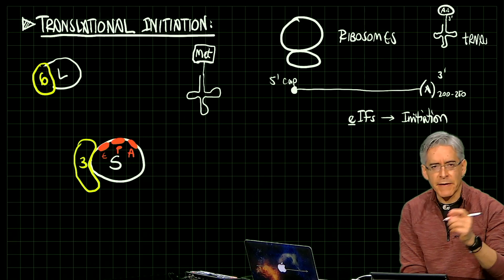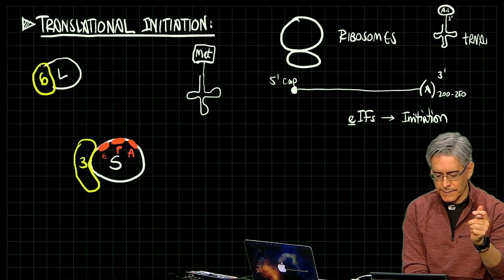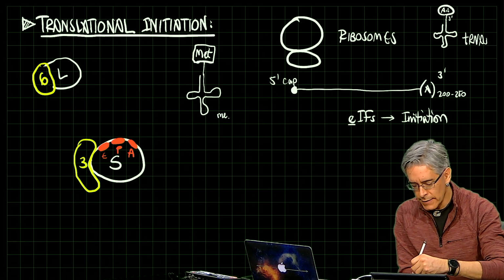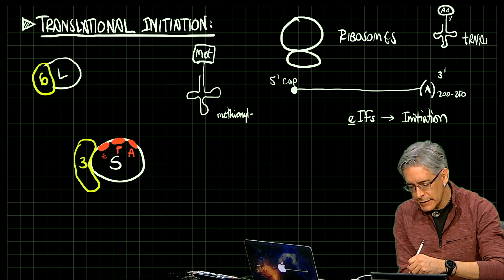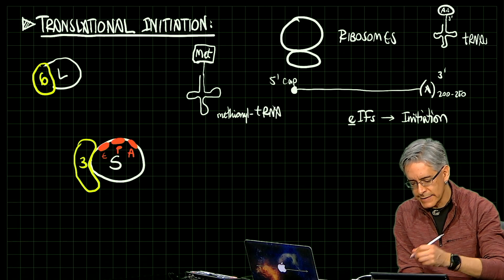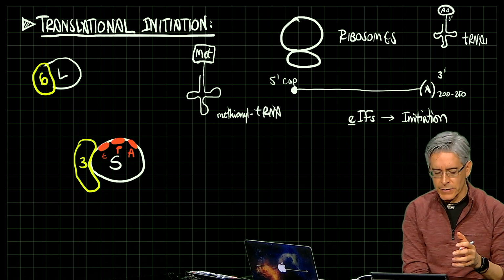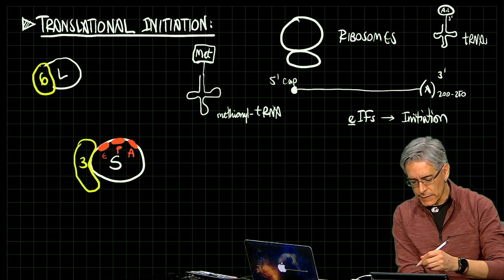So it's the methionine tRNA. Let me write that down here. Methionine tRNA. That's the first tRNA that will be brought into the small ribosomal subunit.